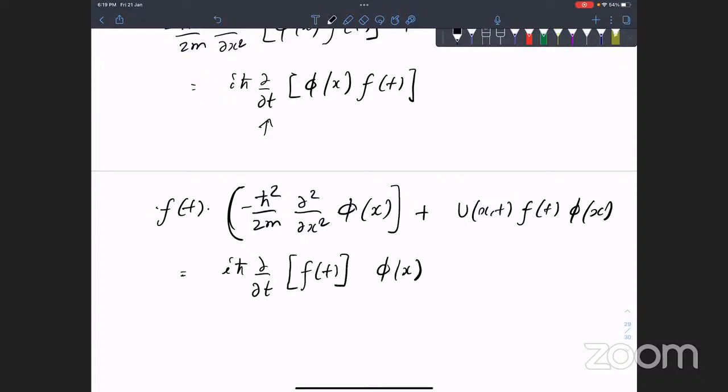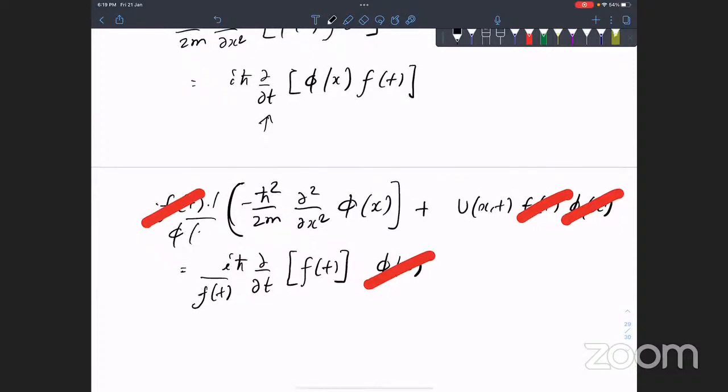Now let's divide everywhere by phi(x) times f(t). After doing that, some terms will cancel out, but I'm going to have an f(t) in the denominator here, and a 1 by phi(x) in this particular term here.